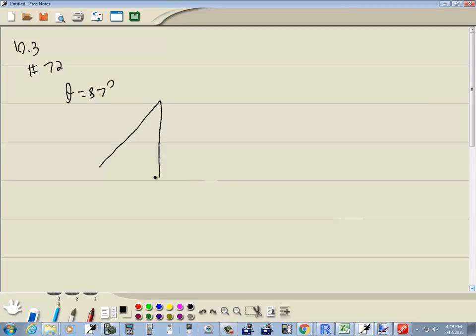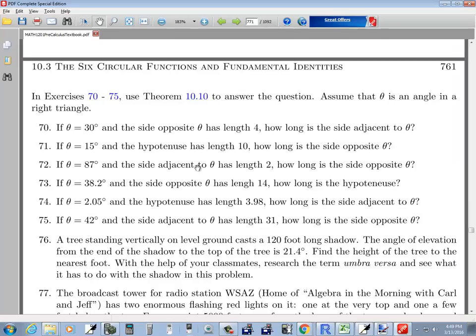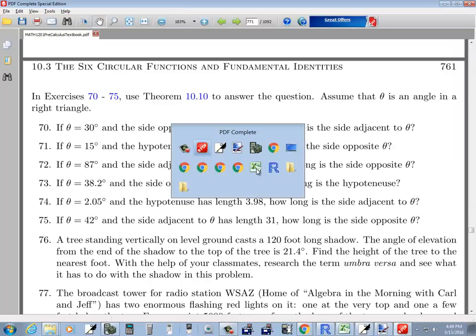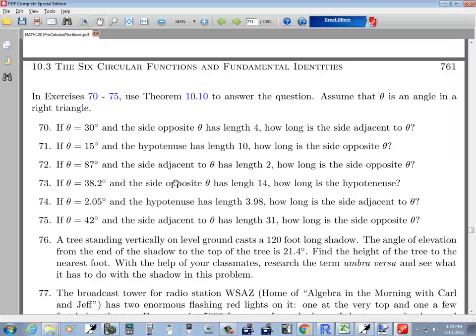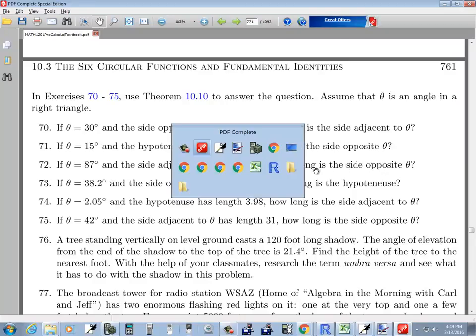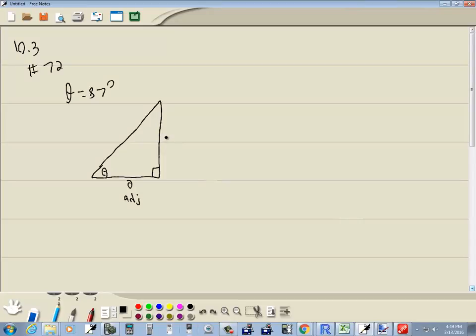Okay, this is theta. Side adjacent is right here, length 2. That's the adjacent side. Then it says, how long is the side opposite theta? So they're asking about this over here. This is the opposite side.